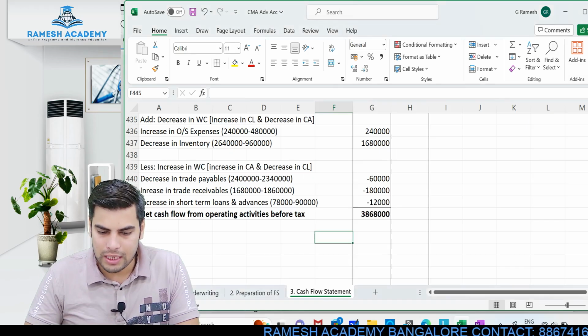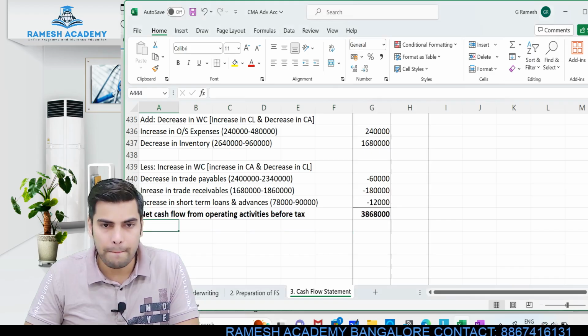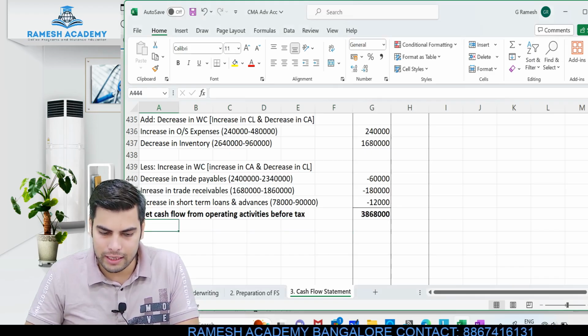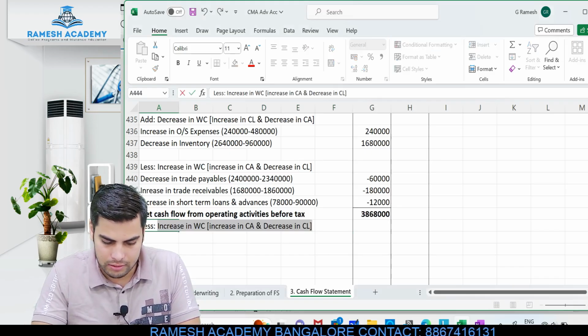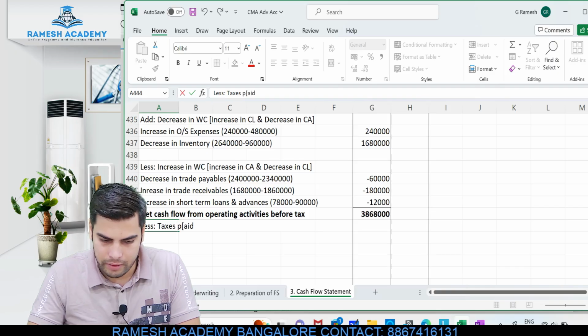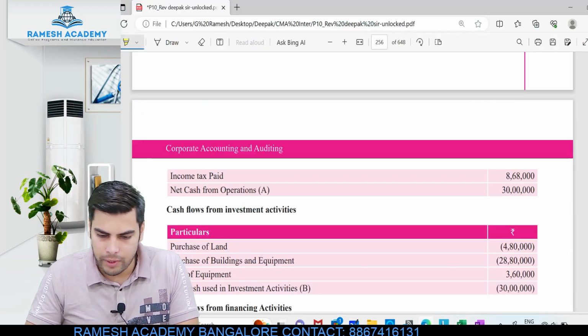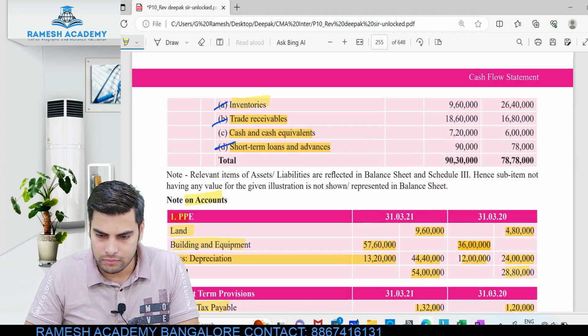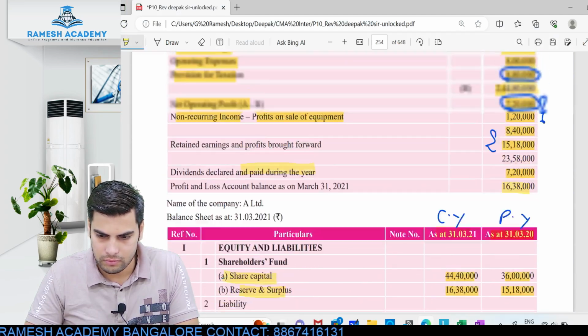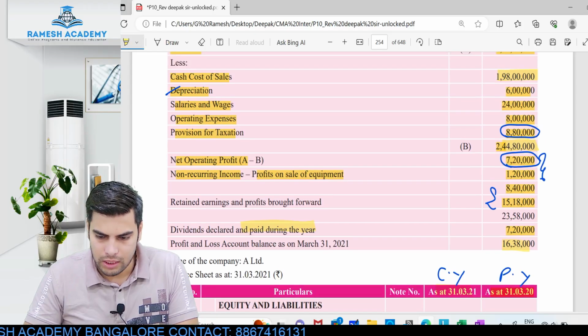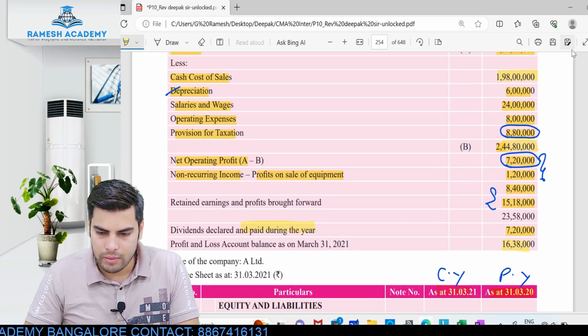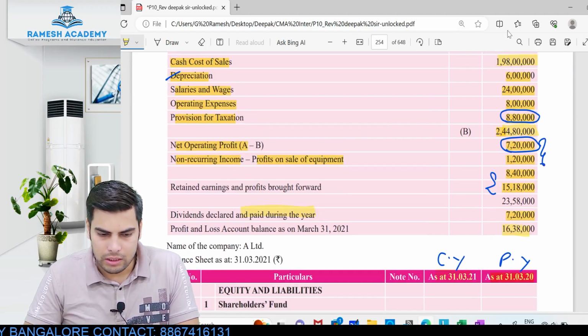From this, I'll be deducting the taxes which are being paid. So let's calculate the taxes paid. Now, when it comes to taxes paid, how much is it? Look at the taxes. This is the provision for tax.